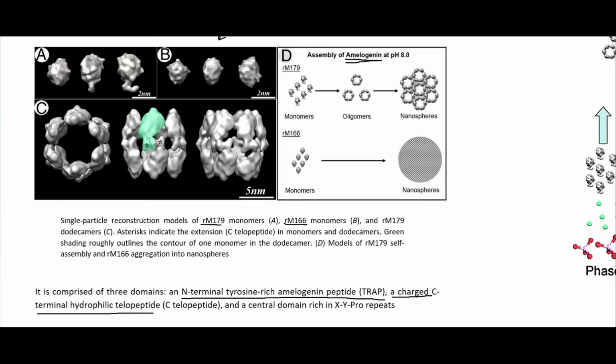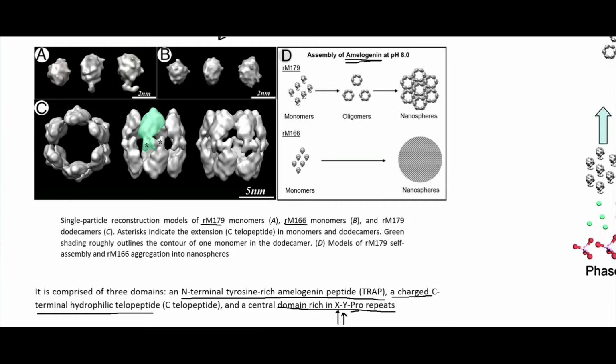And then the central domain, which is the proline-rich region. So X and Y here can be any amino acid, but there are these repeats of two amino acids that are proline and two amino acids that are proline, over and over again. And so these are these proline-rich proteins that I talked about in the saliva video.